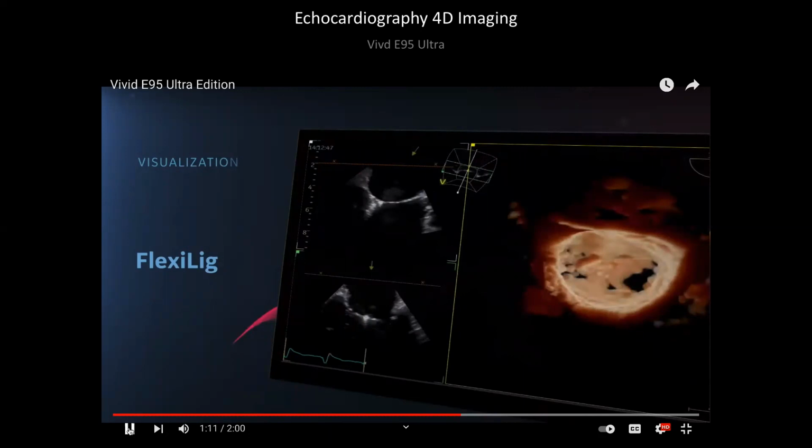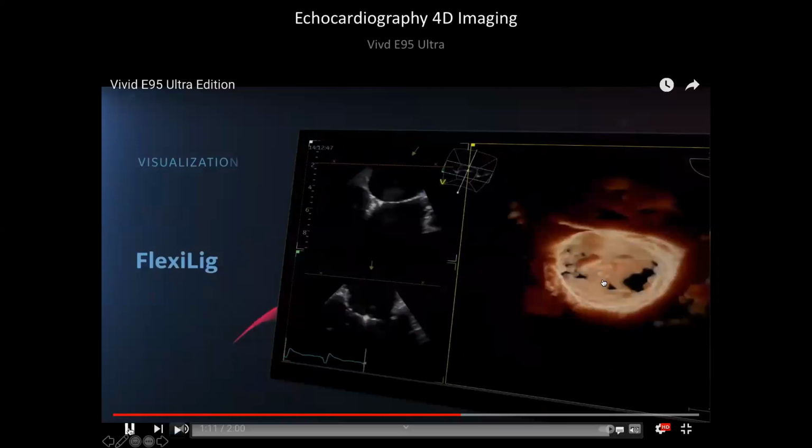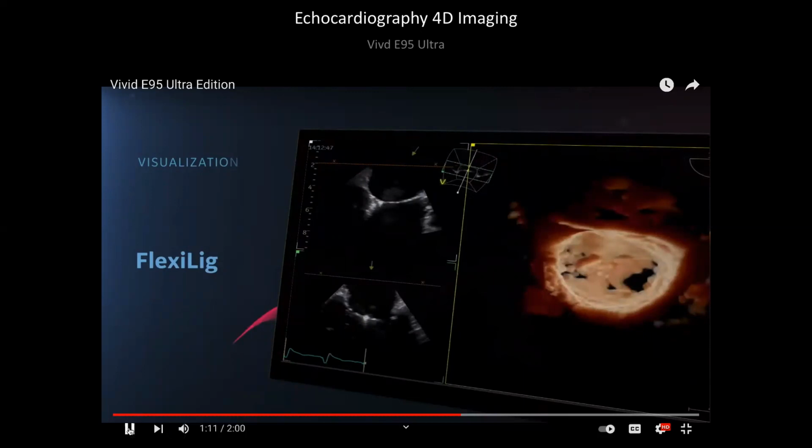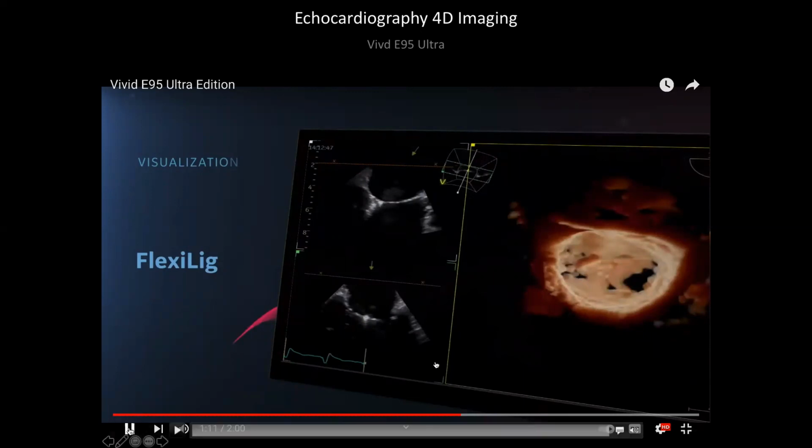It's fantastic. And so this is a valve being visualized in 4D with this cinematic volume rendering.